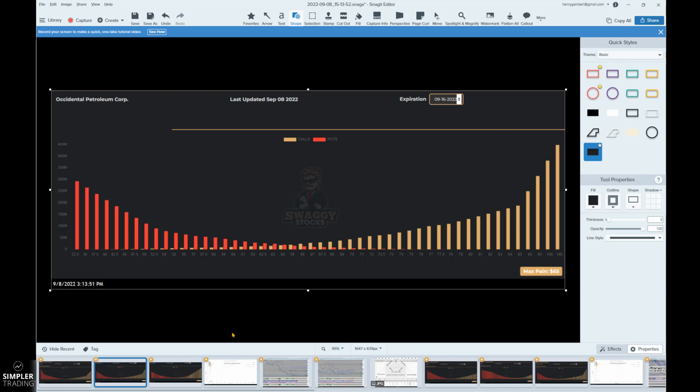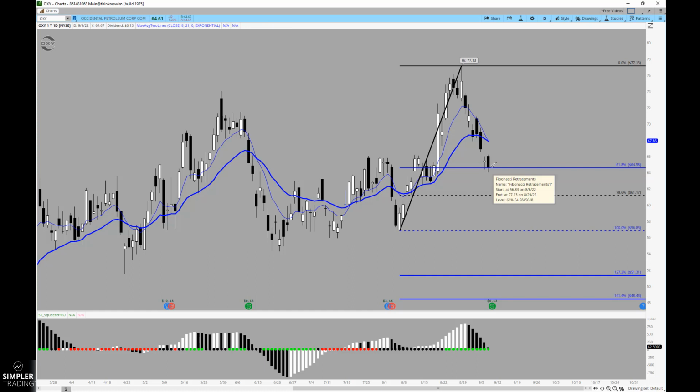And then you come back to reference max pain, and you can see that for Oxy, again for next Friday's expiration, max pain is 65. That would imply everyone that's bought the 65 put is going to lose money, and everyone that's bought the 65 call is going to lose money.